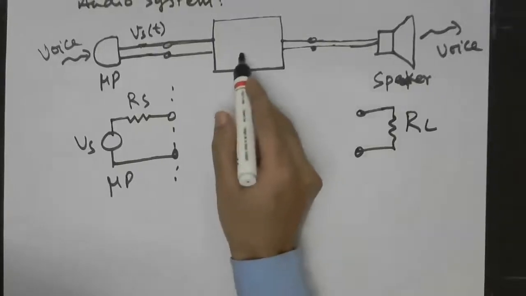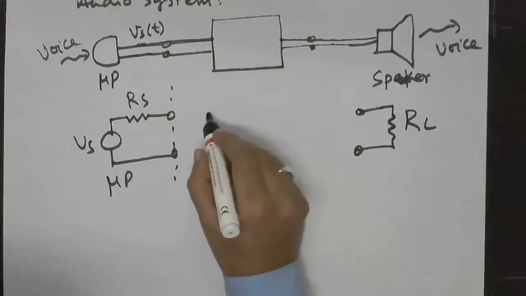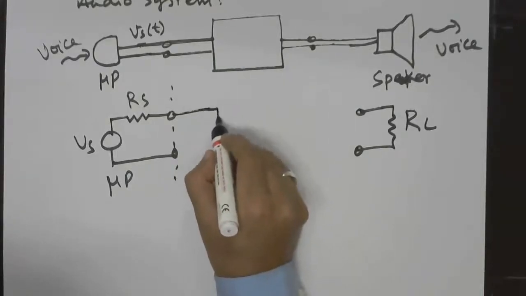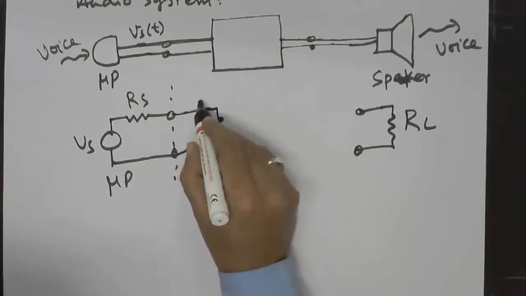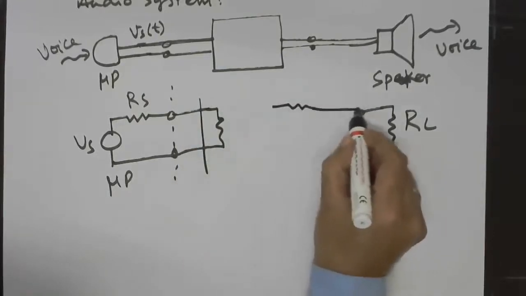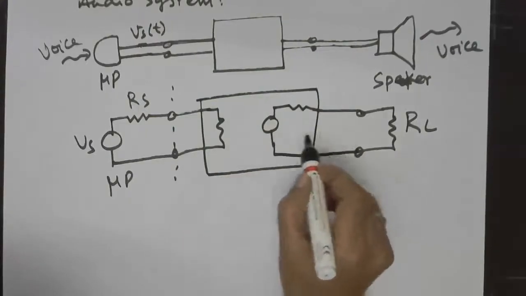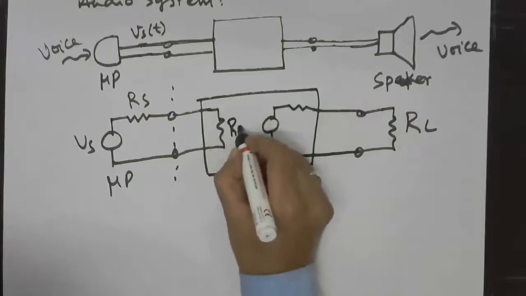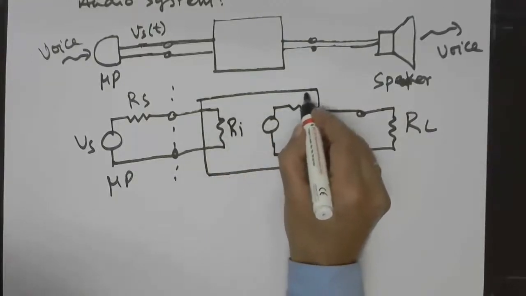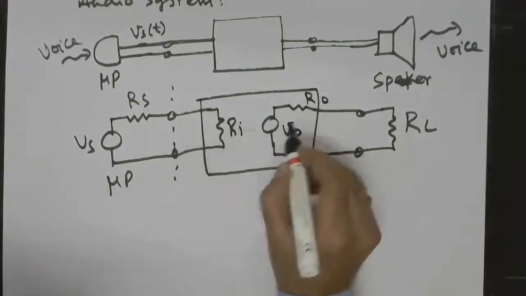Now this circuit can be represented using a Thevenin model in this way. Right, so we will call this as Ri, this as Ro, and this as Vo.